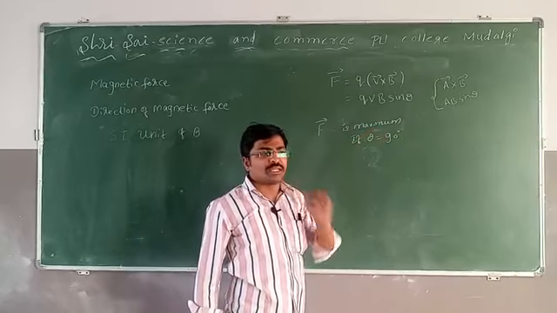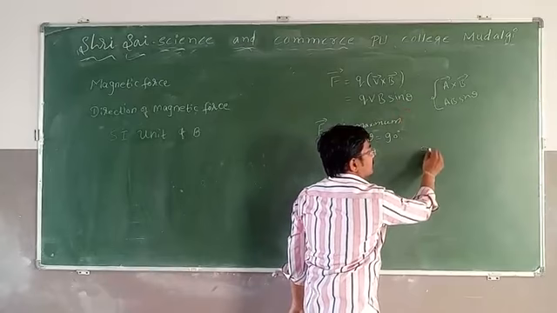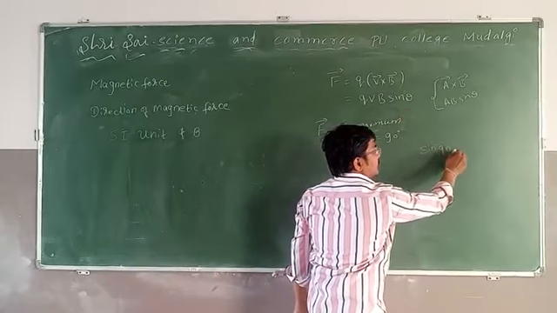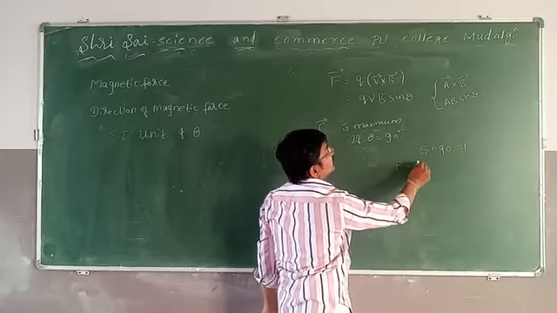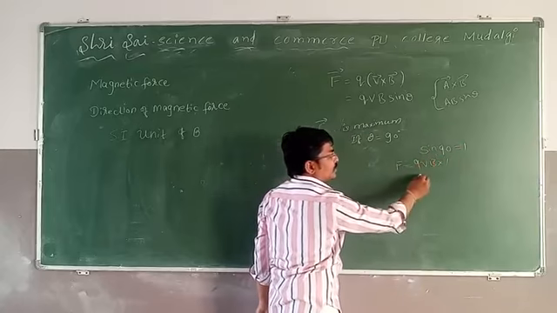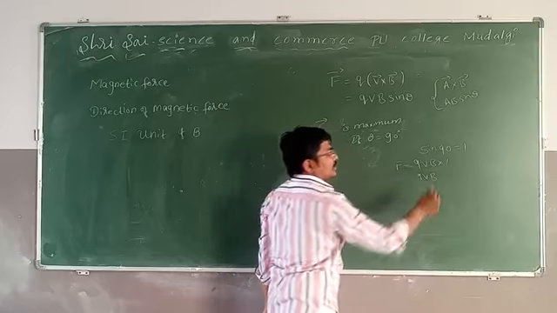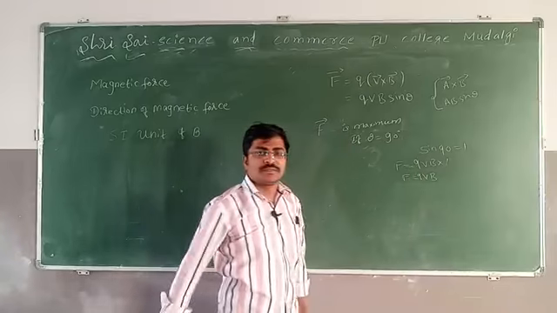What happens if theta is equal to 90 degrees? Sin 90 degrees is equal to 1. Therefore, F becomes QVB into 1, which is QVB. This is the maximum value of F.